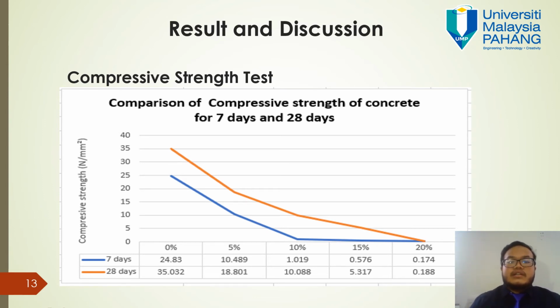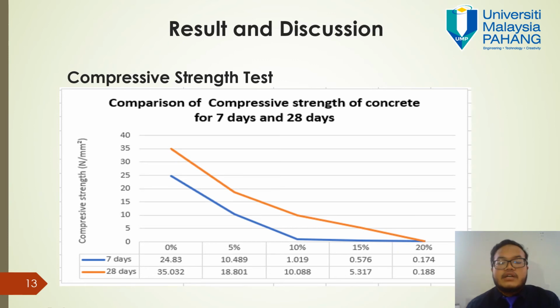Then for 28 days, the compressive strength of the control sample is 35.032 Newton per millimeter squared. Meanwhile, the compressive strength result for 5% is 18.801 Newton per millimeter squared. For 20%, it showed the lowest result of compressive strength.